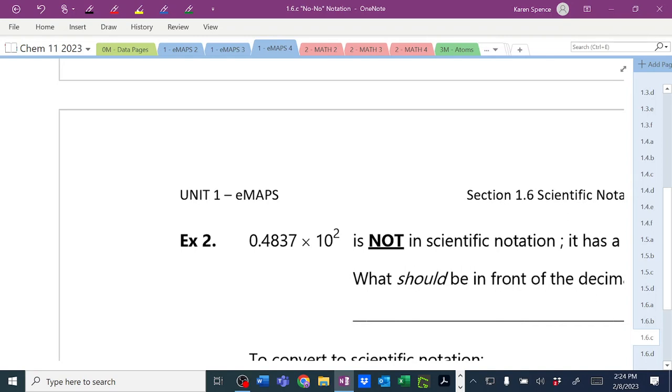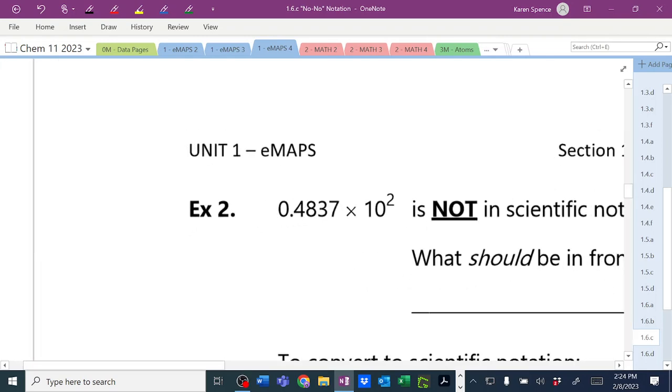What is wrong with the number in example number 2? Talk with your partner. If you don't have a partner, you can turn around, talk to the person behind you.